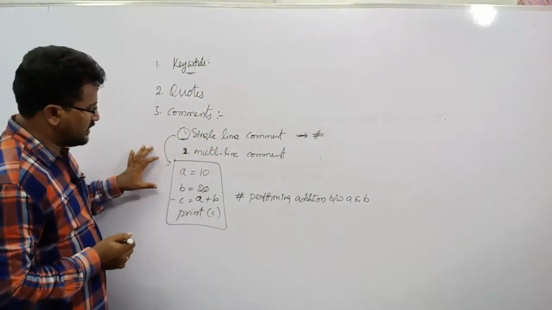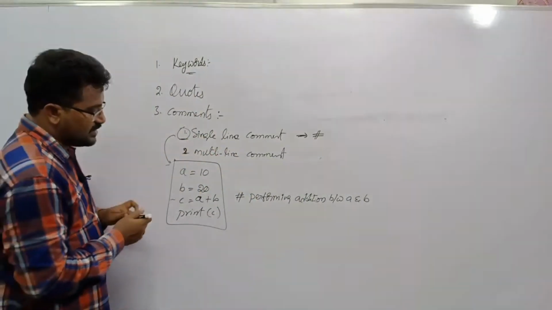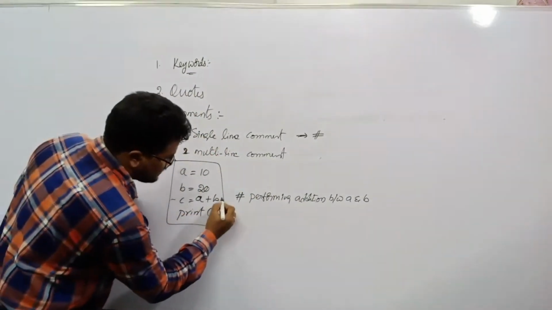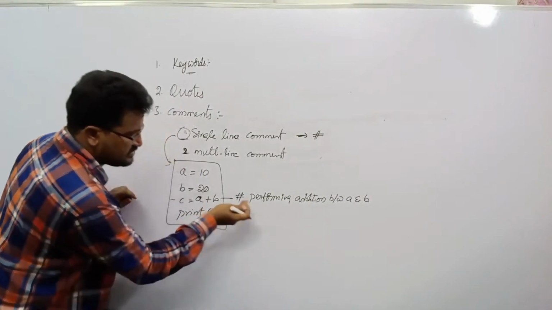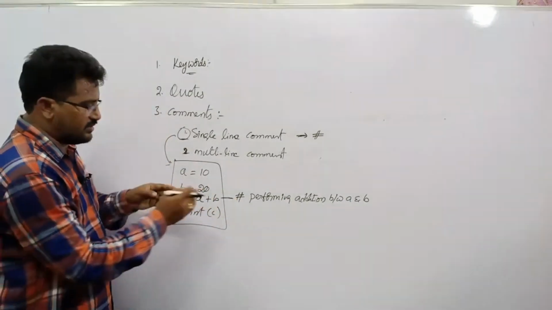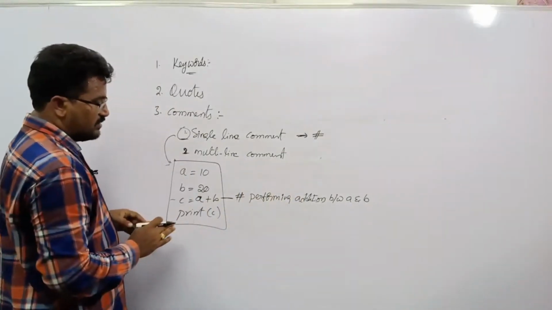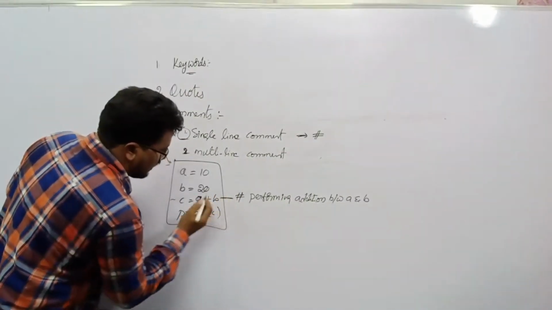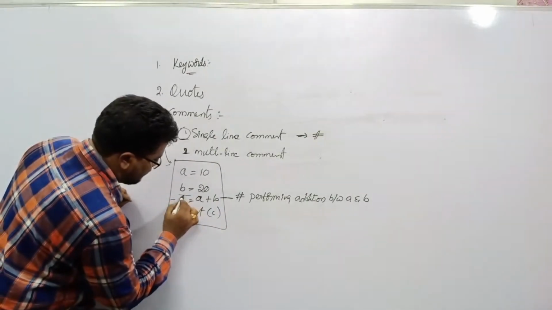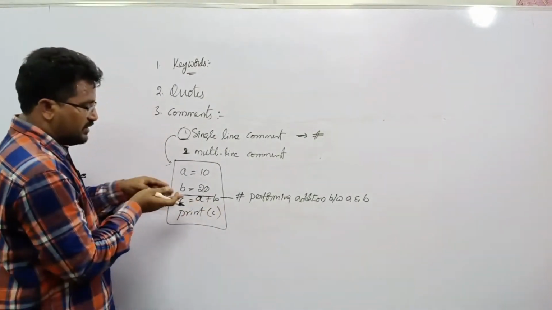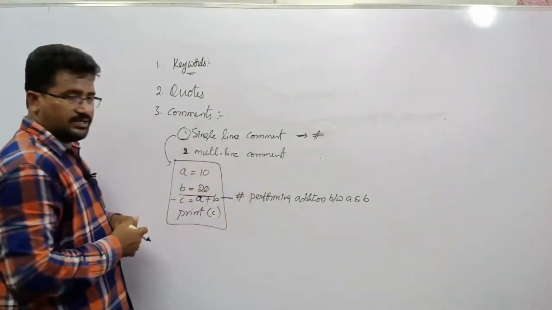So this is about single line comments. You can write the comment on the same line, maintain some space, one or two tabs or one tab space, and continue with the hash symbol. We can make the comment on the same line, or we can make it on the line above.